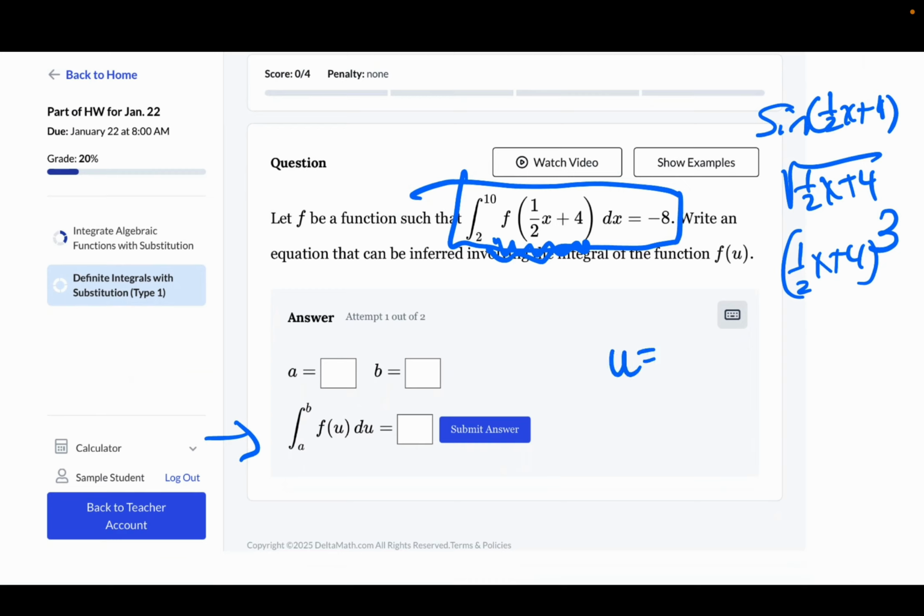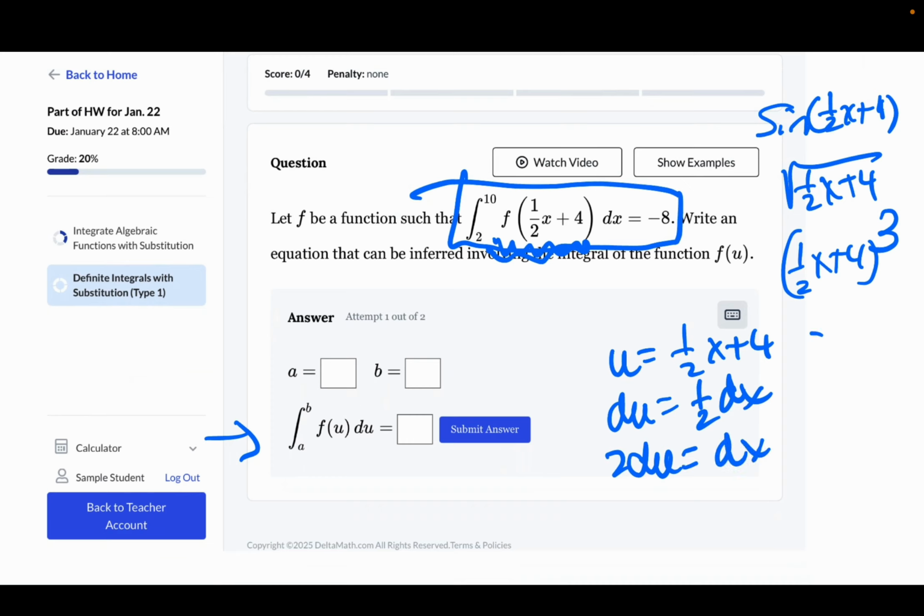So I'm going to let u be 1/2 x plus 4. du is 1/2 dx, so 2 du equals dx. I use these two for my sub. All right, so now I've got the integral of f of u, which is 1/2 x plus 4, and now I've got to be careful with du.